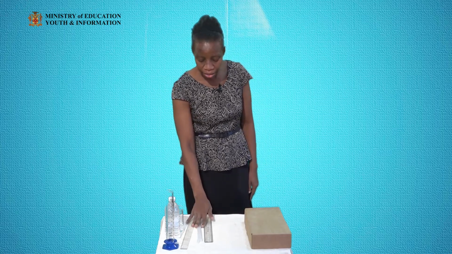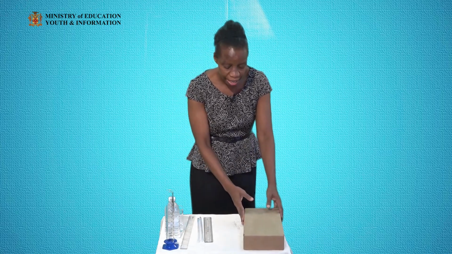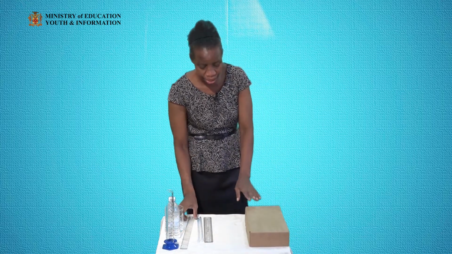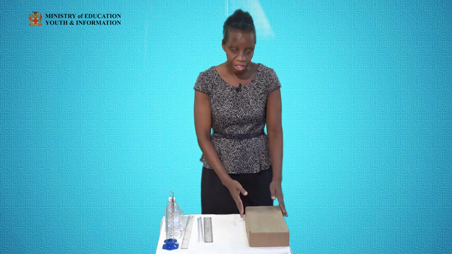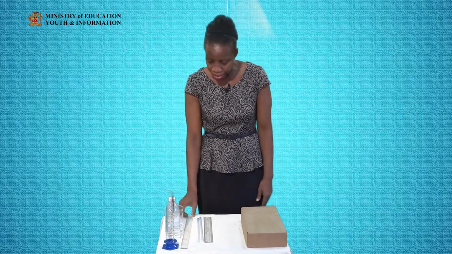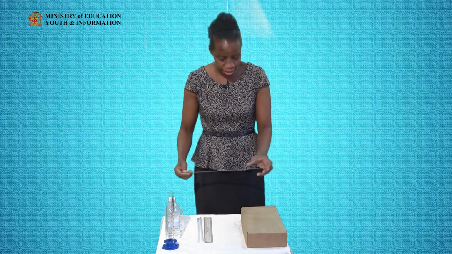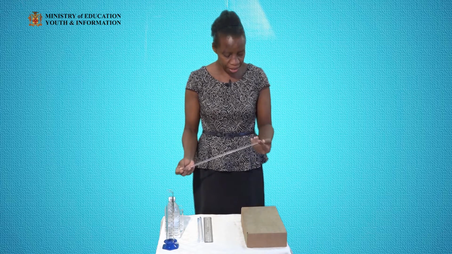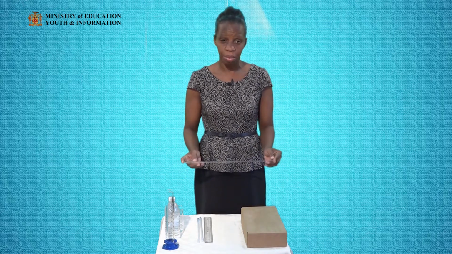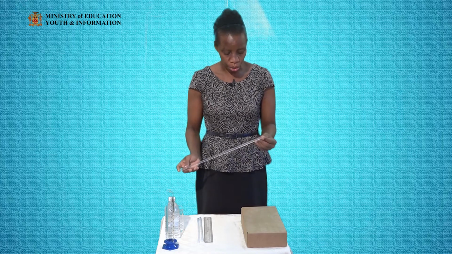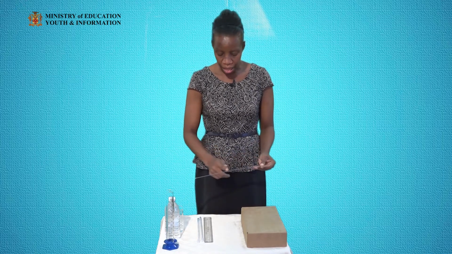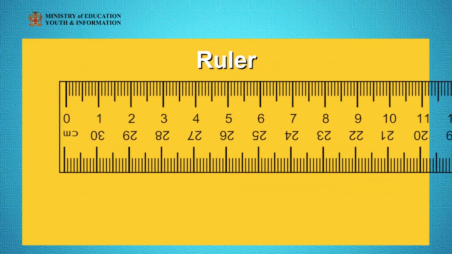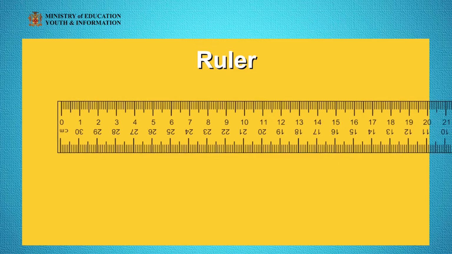Now the last thing we'll look at today is how to measure the length of this box, right? So here we have a box. How do we measure the length of the box? So this should be easy. Of course, we know that to measure length, we would use a ruler. But do you know that some persons are not able to use a ruler correctly? So our ruler, again, would have numbers, markings to show us the length of anything that we're measuring, all right?